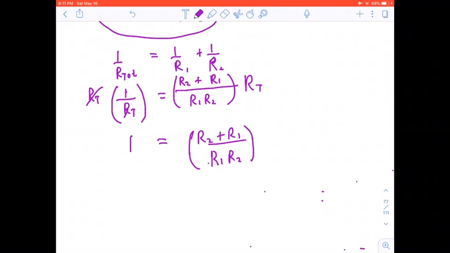Okay, times RT, but I'll write RT a bit further away.